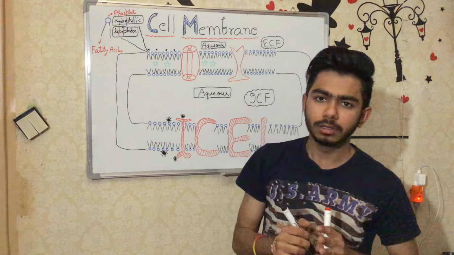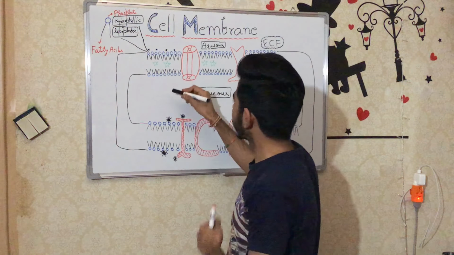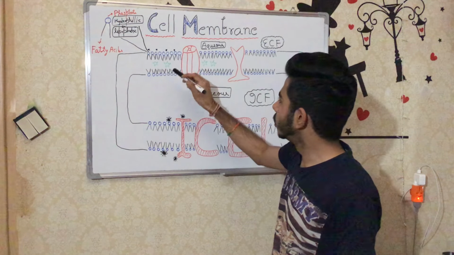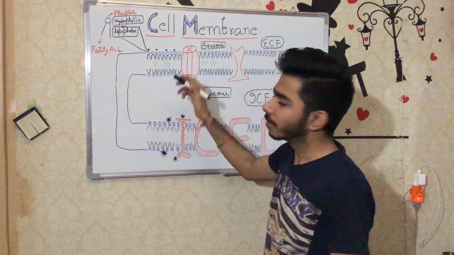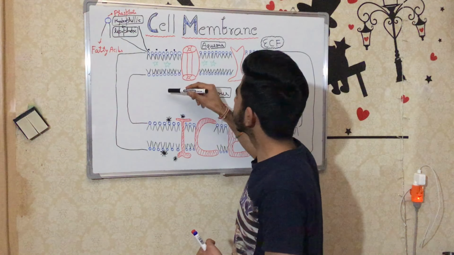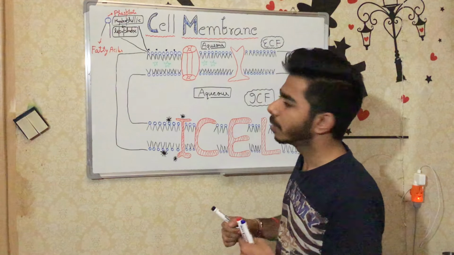They don't love the lipids. That's why they are far from the lipid side. I will talk about that. They are towards the aqueous side because they are hydrophilic, or lipophobic.